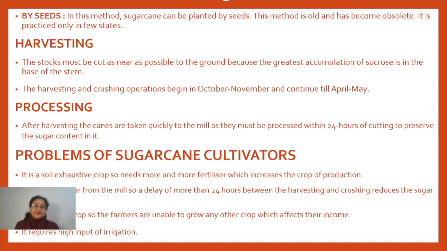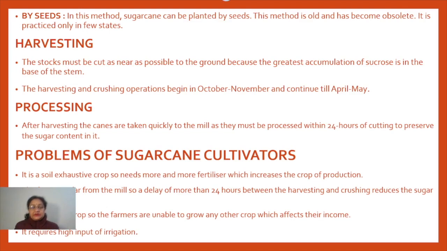When we think of the total sugarcane cultivation, we have seen in the last few decades, the sugarcane region has started shifting from the northern belt, which is well known for sugarcane cultivation. Now it has started shifting a little towards the south.